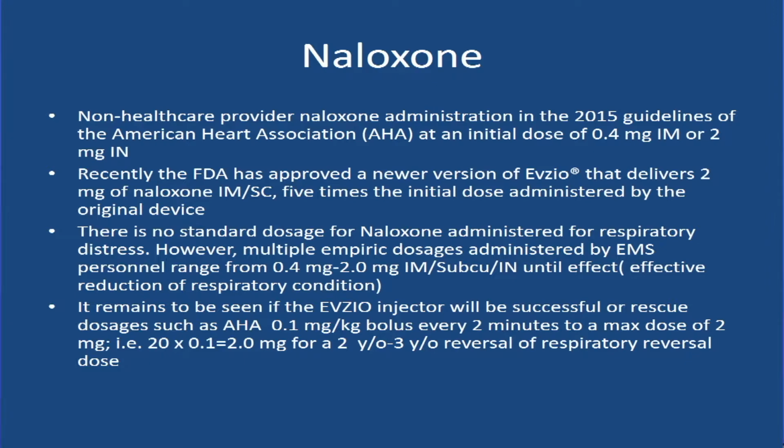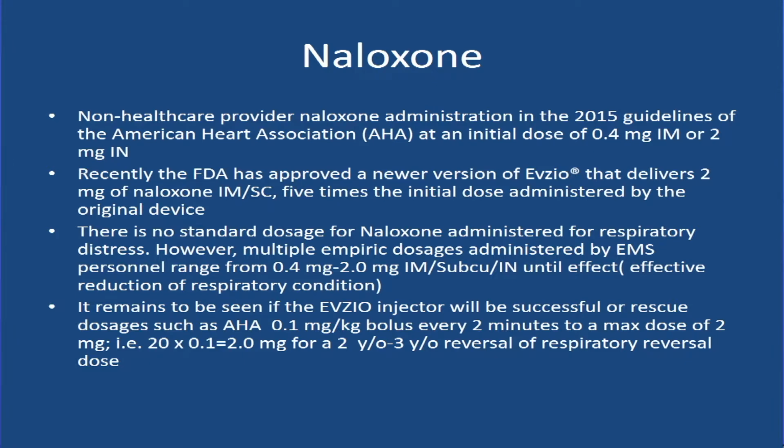For example, 20 times 0.1 is 2.0 milligrams for a 2-year-old to 3-year-old, reversal dosage. It is apparent from the information from the American Heart Association that the rescue dose of 2 milligrams is thought to be a good initial dose when the patient is experiencing opioid overdose, and that subsequent administration up to the dosage of 2 milligrams is an optimal dosage for reversing the effects of opioid intoxication.